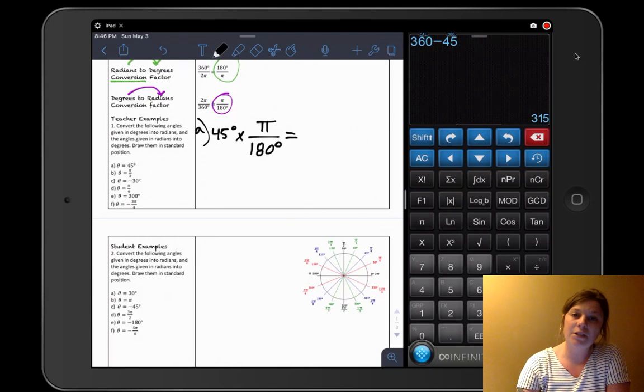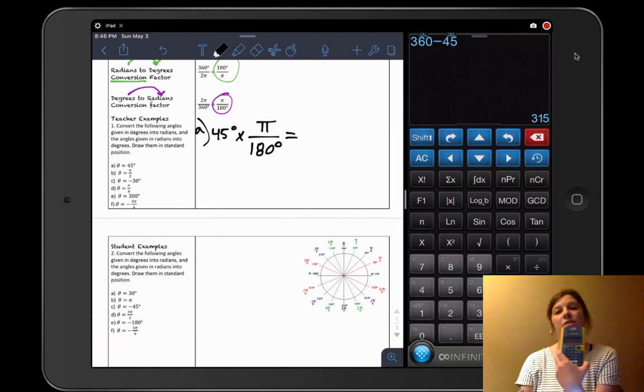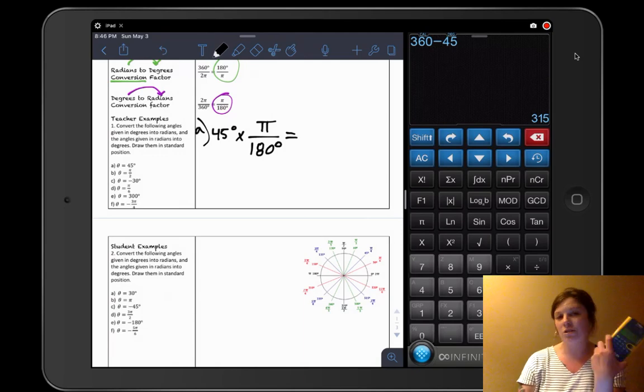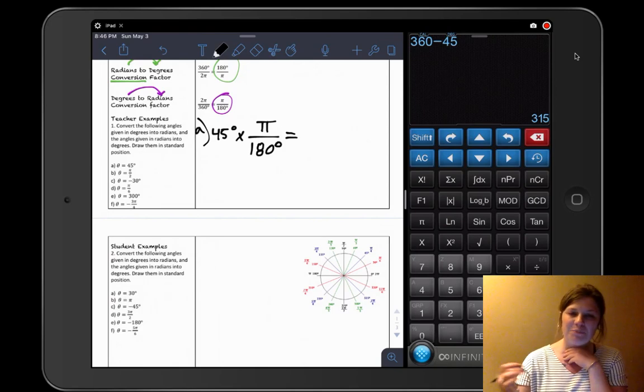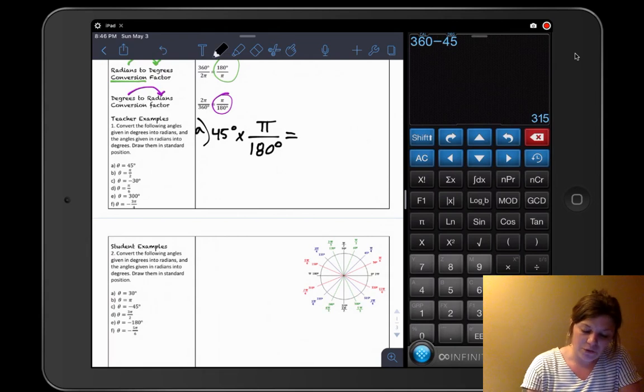Now, I could just put everything into my calculator, and if you have one of these fancy calculators that gives exact answers, you can do this whole thing in one step and be done. However, not very many of us have these calculators right now, so we're going to do it using a reducing fractions method. I know that 180 is the same as 4 times 45 degrees.